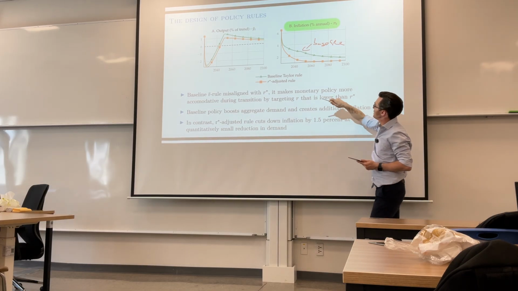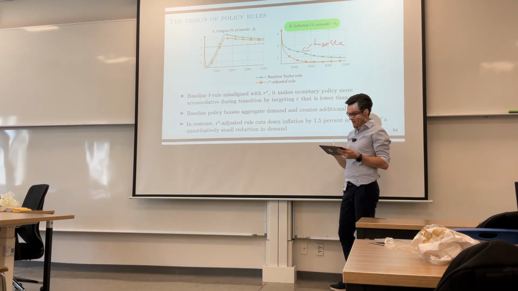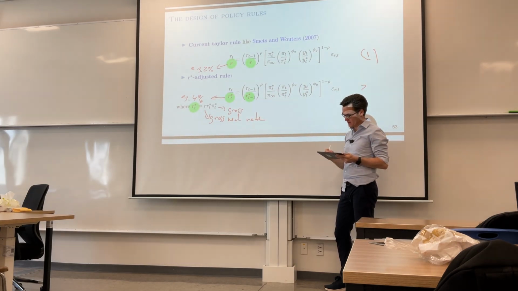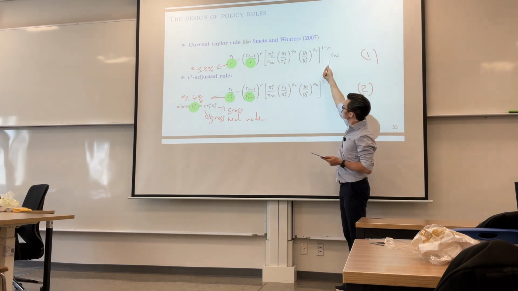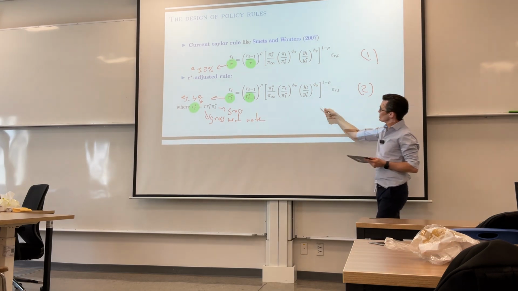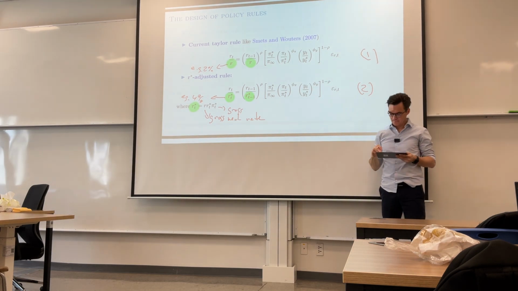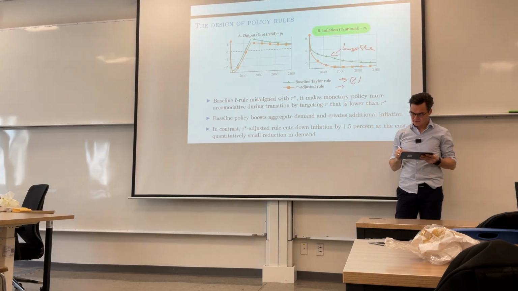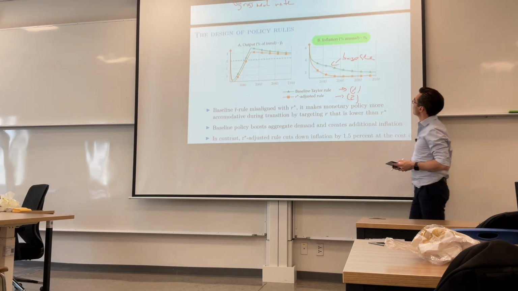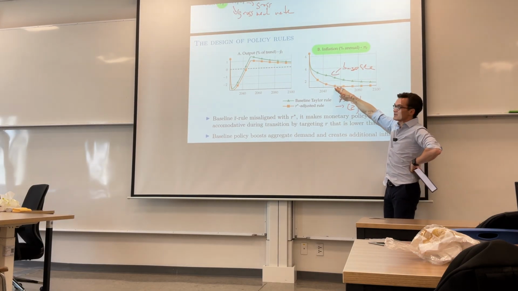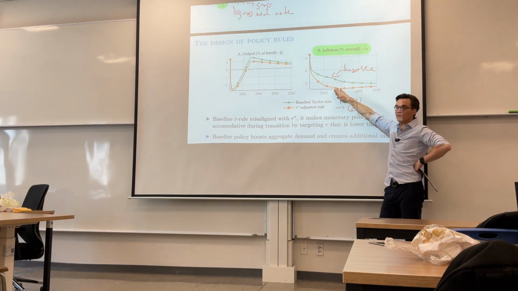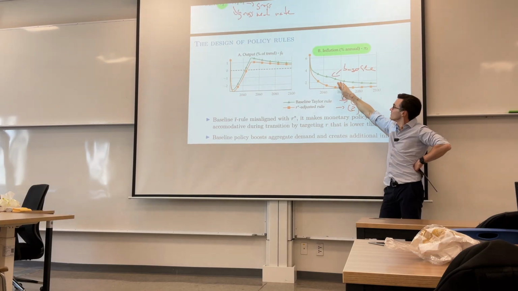And now this is rule number 1. On the previous slide, this is rule number 1, and this is rule number 2. Then they switch out the rule and put this rule in, and they have this orangey line that gives you the allocations with rule number 2. And you see, indeed, the central bank is going to be able to deliver a much lower level of inflation with the R star rule than with the R rule.